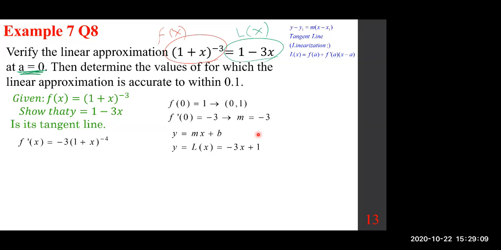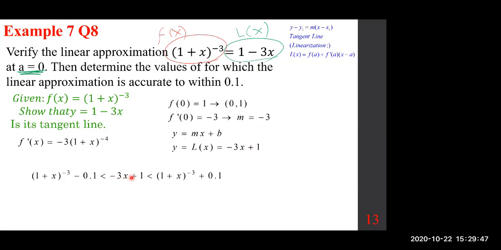The second part says, let's find the values for which the linear approximation is accurate within a certain amount. Now it requires the use of a calculator as follows, class. First and foremost, we want it to be accurate within a certain amount, so we add and subtract this one. We want 1 minus 3x, or minus 3x plus 1, however you want to put that, it doesn't matter.